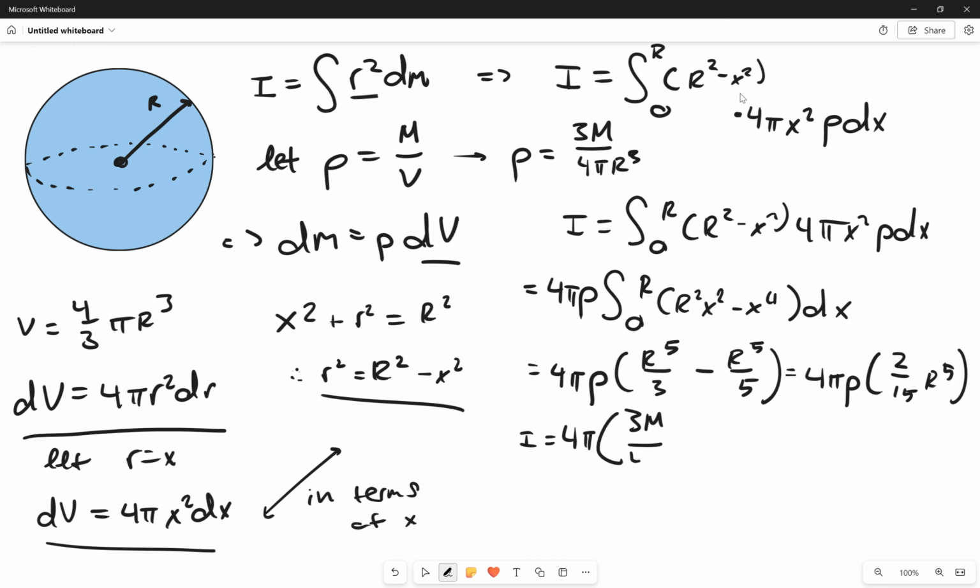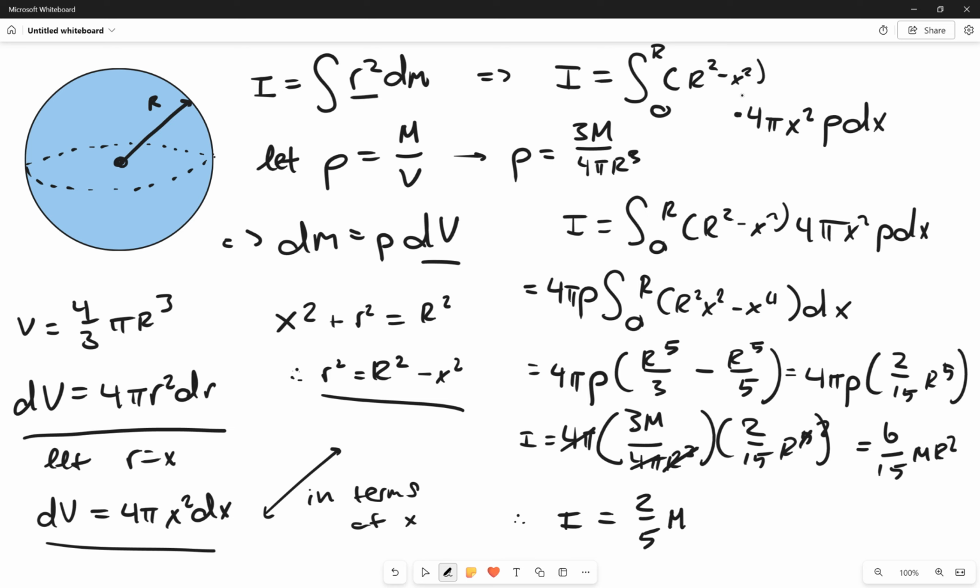This is just 4m over 4 pi R cubed times 2/15 R to the 5th, right? 4 pi goes away, this goes away, this goes squared, and what we end up getting is 6/15 mR squared, but if we simplify this, just divide by 3, 2/5 mR squared is the final answer that we get.